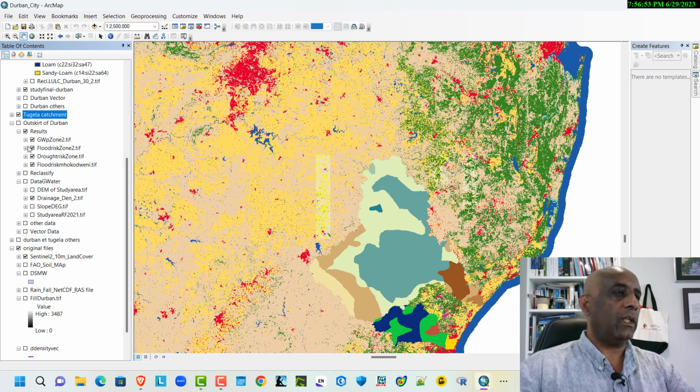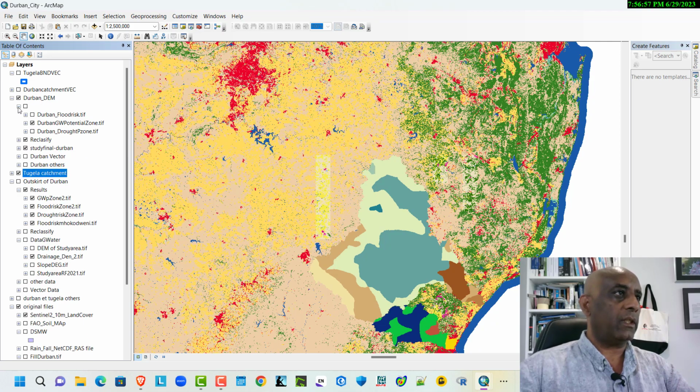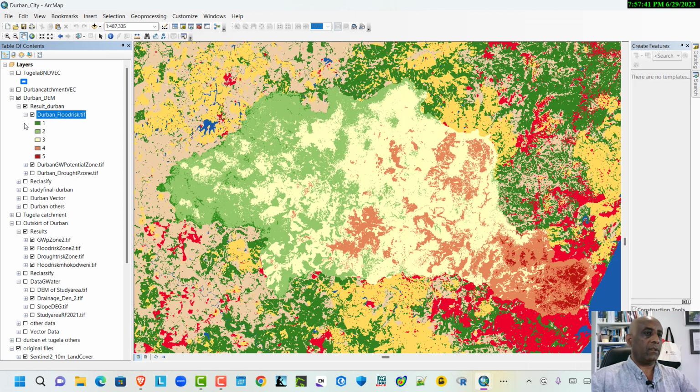So that's how I analyzed the floods in the urban area. Okay, like this. So this is an indicator for administrators. ArcGIS is wonderful.